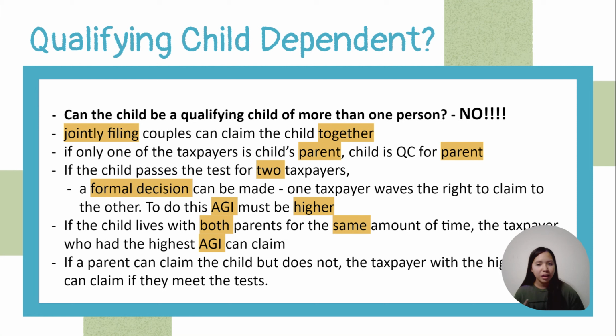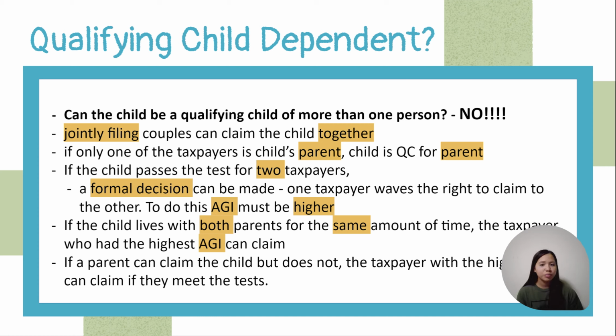So, if the child passes the test for two taxpayers, so this would be in the case of a divorced relationship sometimes, a formal decision can be made, meaning one taxpayer would waive the right to claim the child for the other. In order to do this, the person who is taking the child must have a higher adjusted gross income, or AGI.